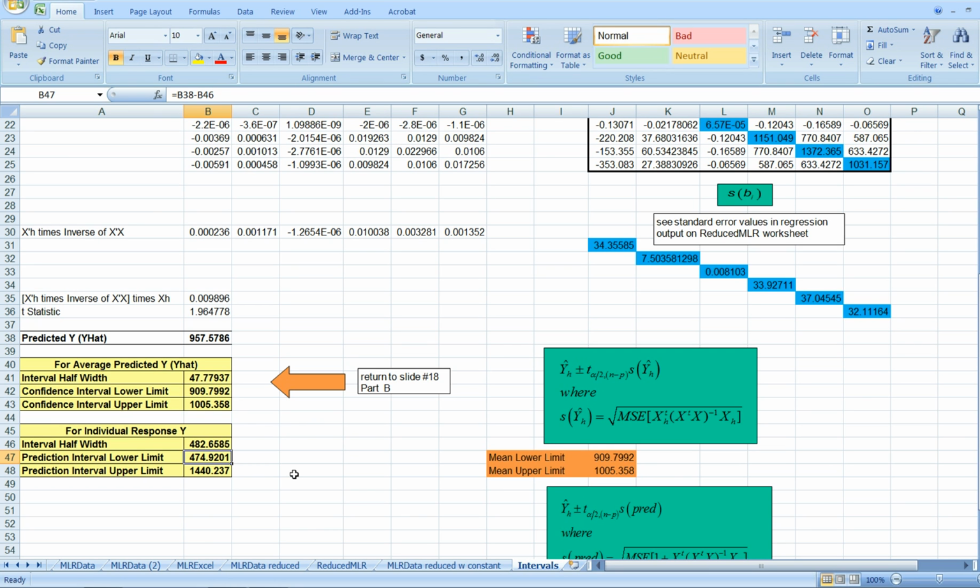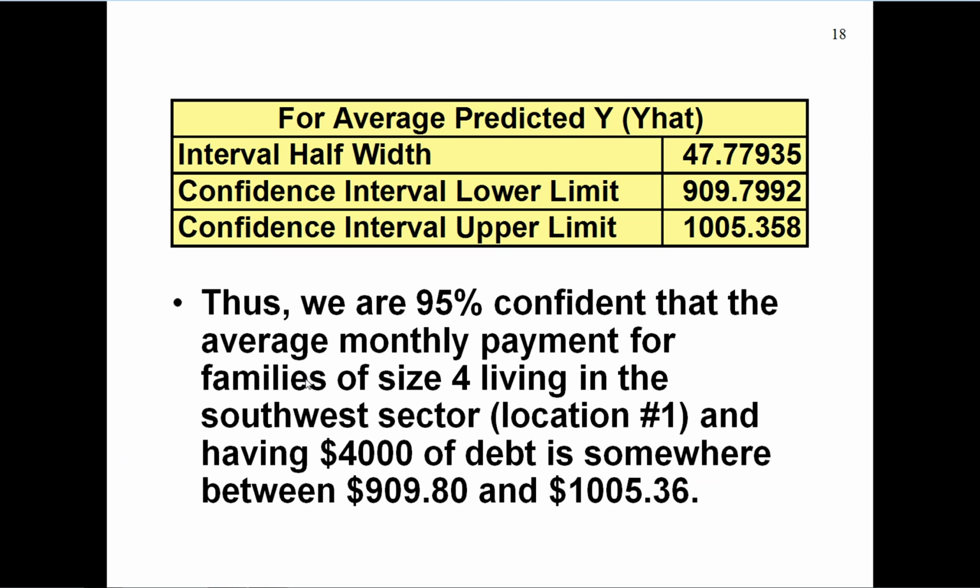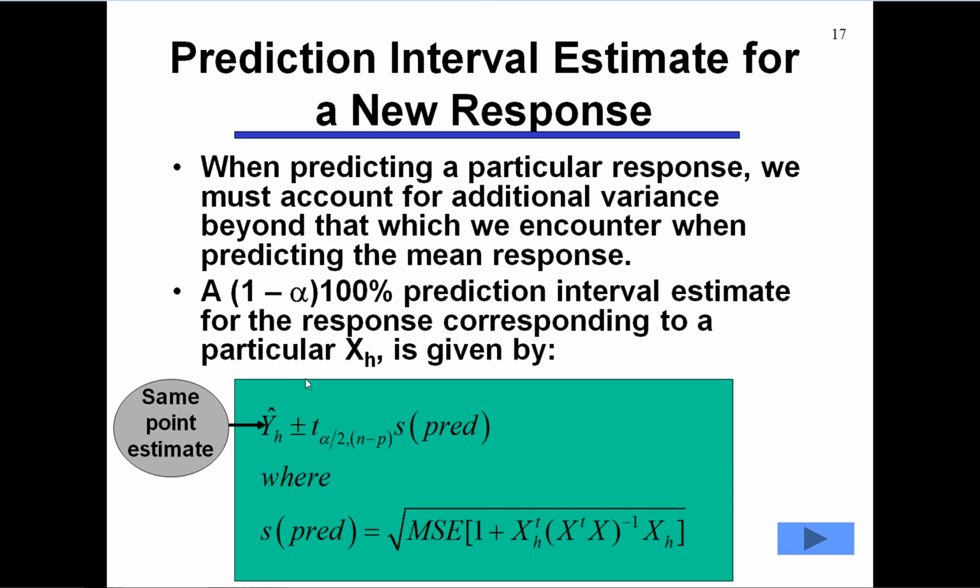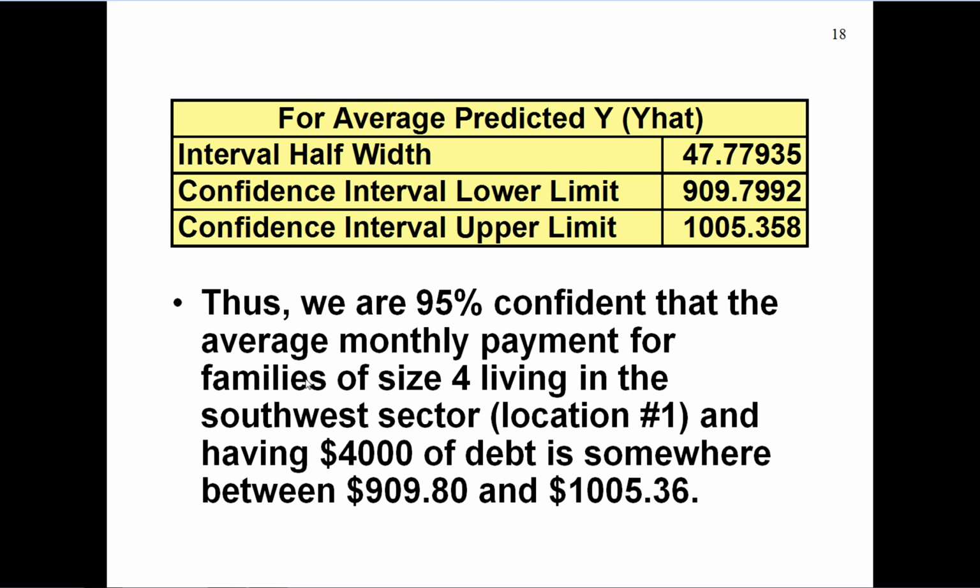And that's evidenced by the breadth, the width of the 95% prediction interval. Well, there's a lot of arithmetic involved in doing this computation, and unfortunately, Excel does not do this for us free of charge. And as a consequence, we have to do a little bit of manipulation ourselves.